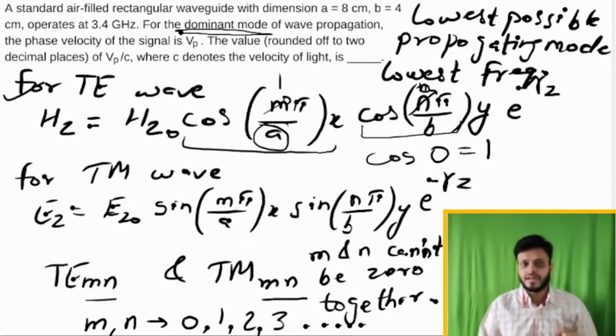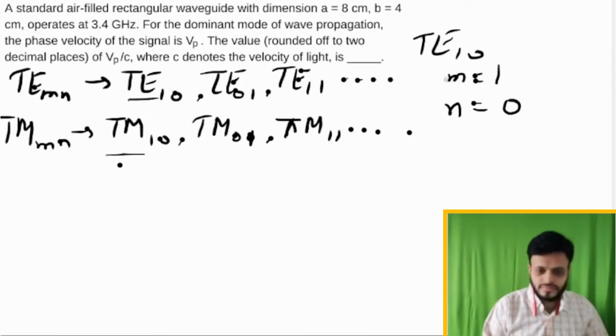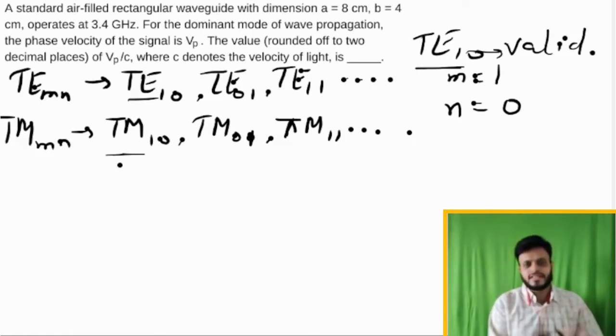So we can say TE10 mode is a valid mode. Now we can say TE10 mode is the lowest possible mode. So in TE mode, 10 is a possibility. So for the TE part, TE10 is the lowest possible mode.